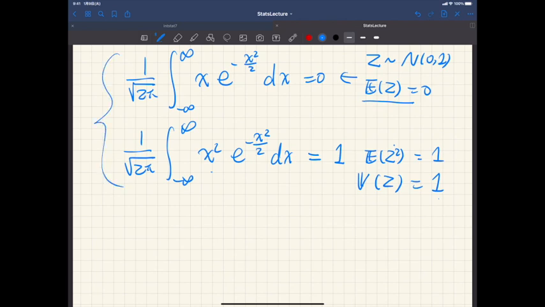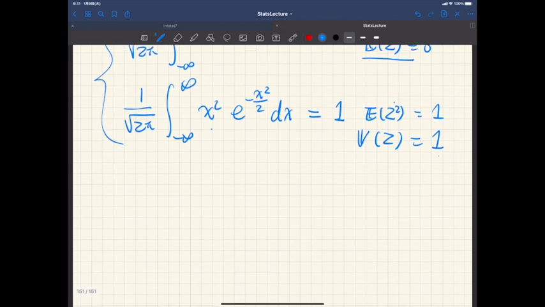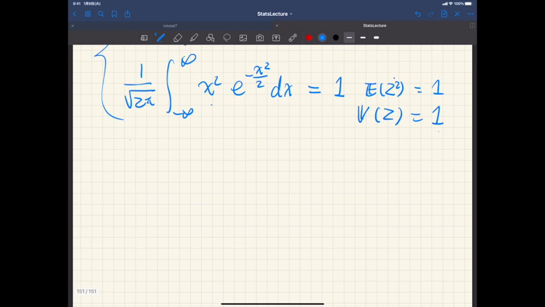And using this, now you should be able to show the expectation value of the general normal distribution.